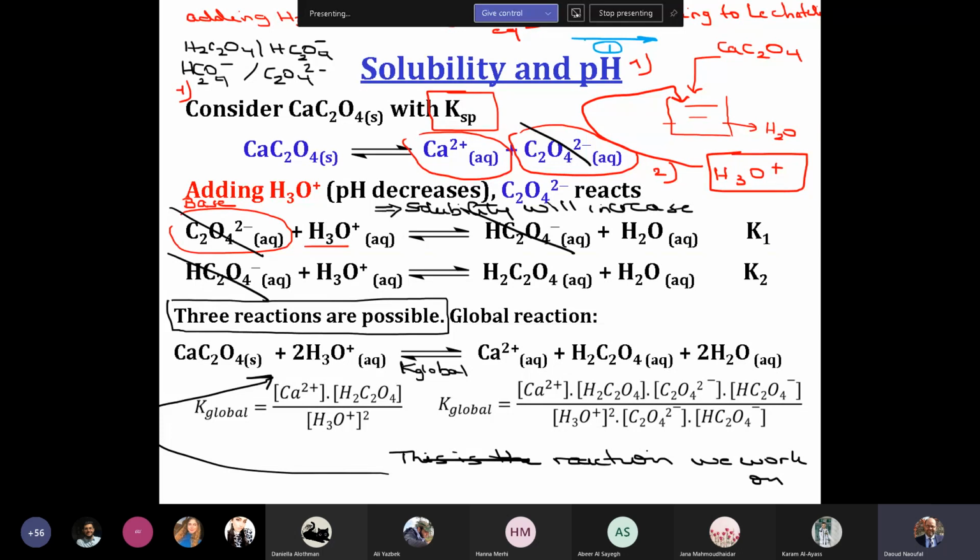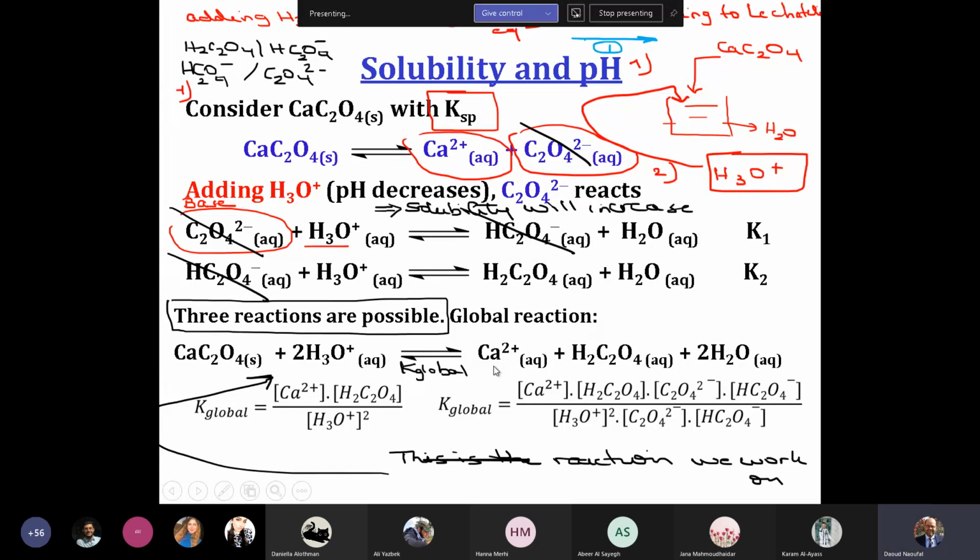What is the objective? Don't forget that the question is, what is the effect of H3O+ added? To know the effect of H3O+ added, we know qualitatively that the solubility will increase. That means Ca2+ will increase.